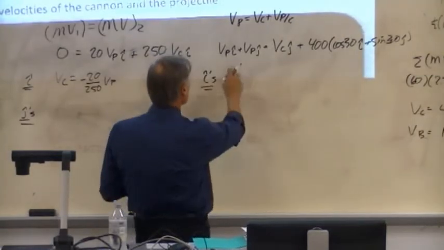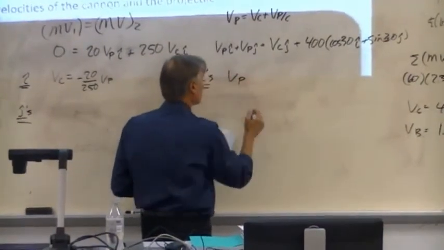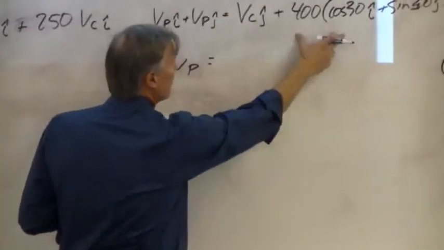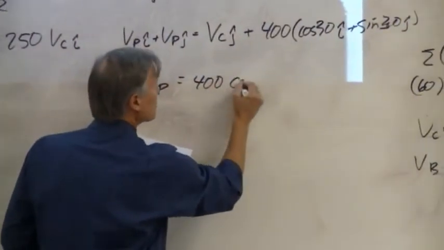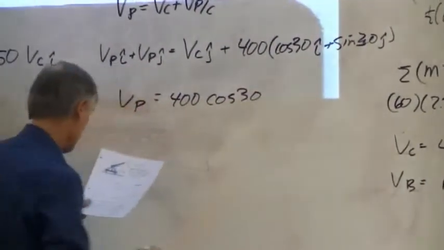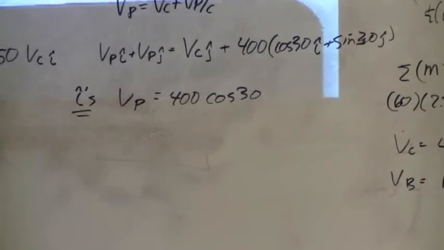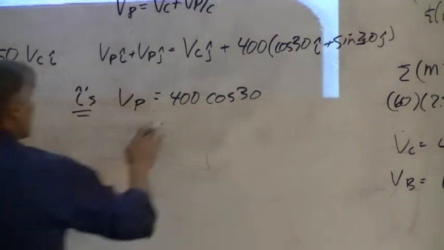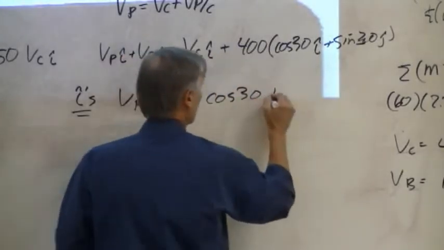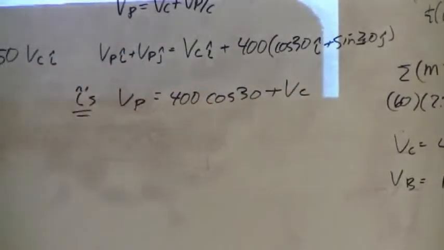Let's combine the i's and j's here. And here I got VP in the I direction equals 400 cosine of 30. Okay? Is that VC supposed to be high? Yeah. Say again? The velocity of the cannon is supposed to be high instead of... Yes, thank you. That's what I messed up. The I plus the velocity of the cannon. All right, thank you. Now in the j direction.